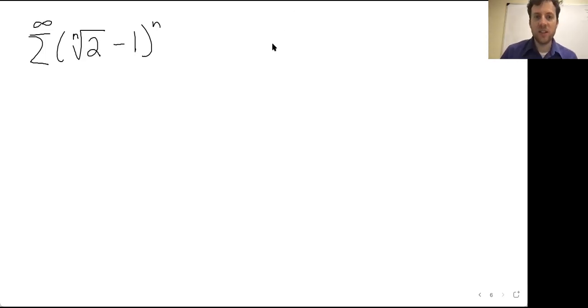But the part to focus on, which helps us determine which test we want to do, is that there's a big ol' nth power here. And so if we use the root test, we'll get rid of that, and then we can see what's happening with this nth root of 2. So because there's a big nth power, we'll use the root test.